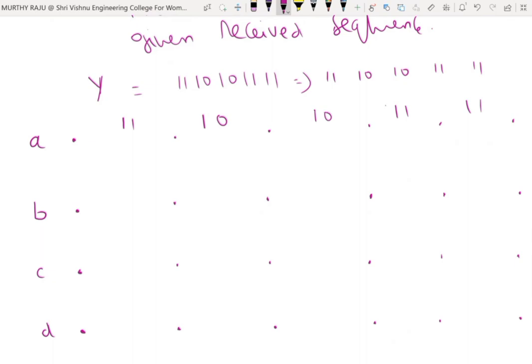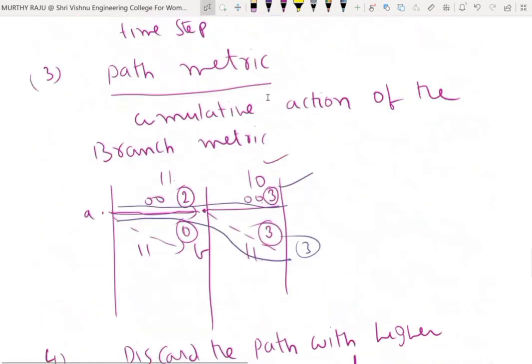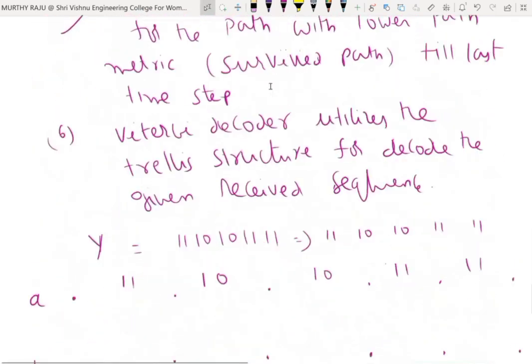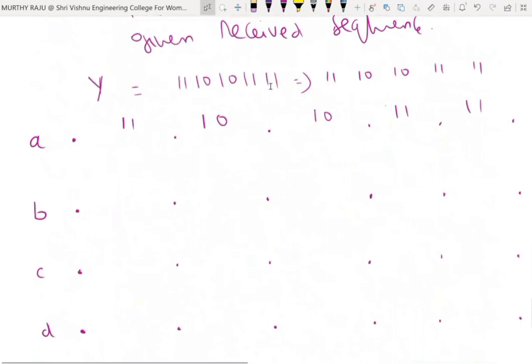Next important point here is the initial state is A. By using signal flow graphs, I have to construct A to A with output 0 0, input bit 0.